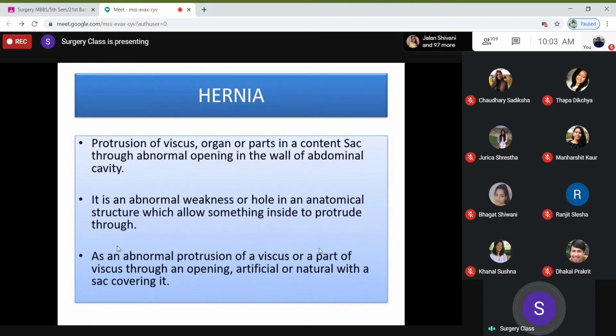These are the two already present holes in the abdominal wall which might lead to a hernia at a later stage. There might also be abnormal protrusion of a viscus or part of it through an opening, artificial or natural. Natural means those in the inguinal ring or the umbilicus, which are congenital.